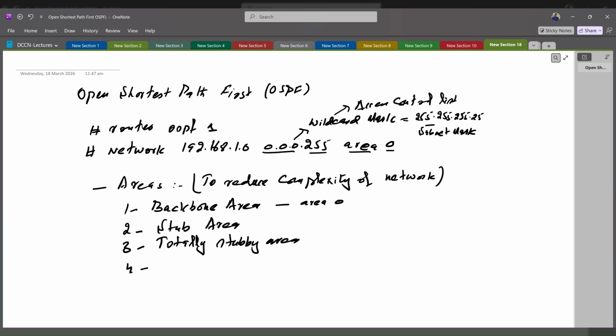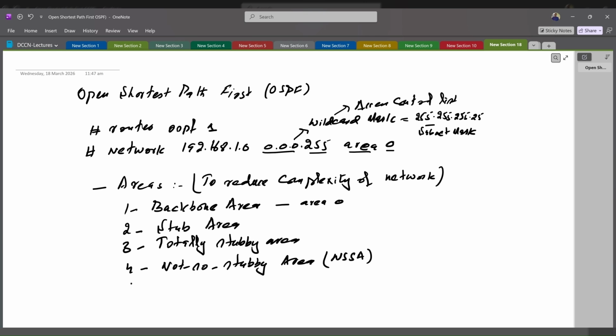Then we have the not so stubby area, also known as NSSA.